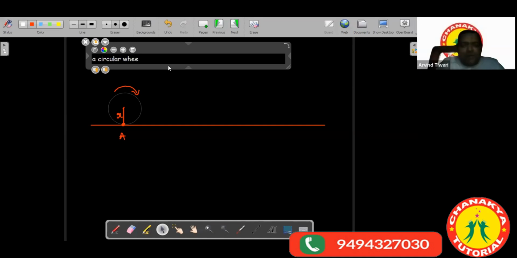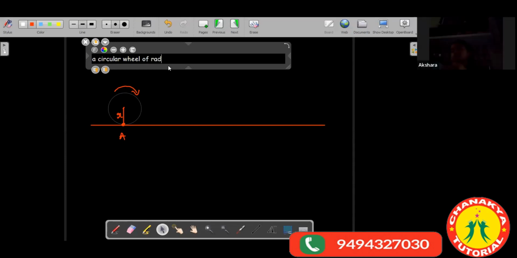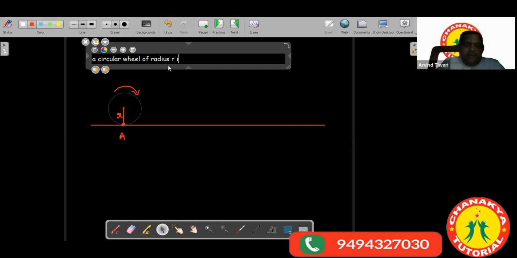A circular wheel of radius r is rotated by 1 revolution.